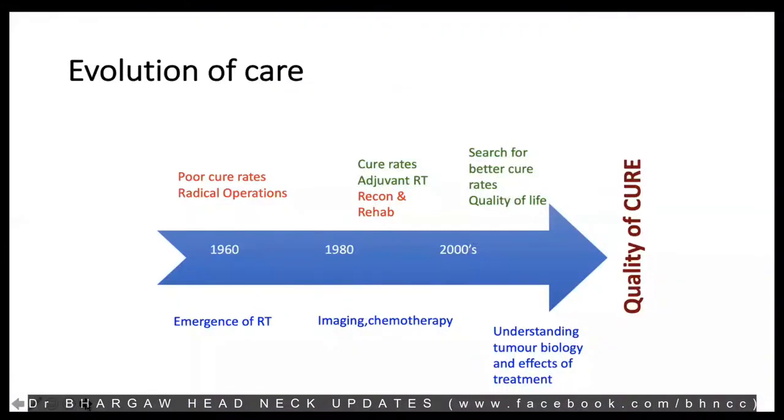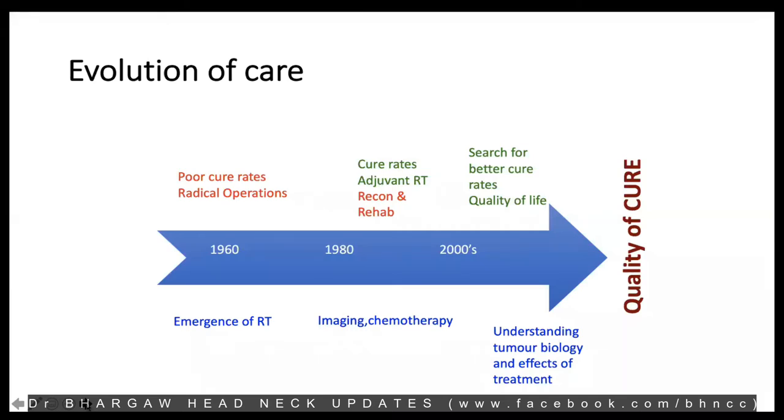So we have actually gone from the search for better cure rates and quality of life to the quality of cure. And I think some of the speakers in the previous webinars also talked about this. The quality of cure is where we get these patients who have undergone these really toxic forms of treatment to get back to the normal way of life.